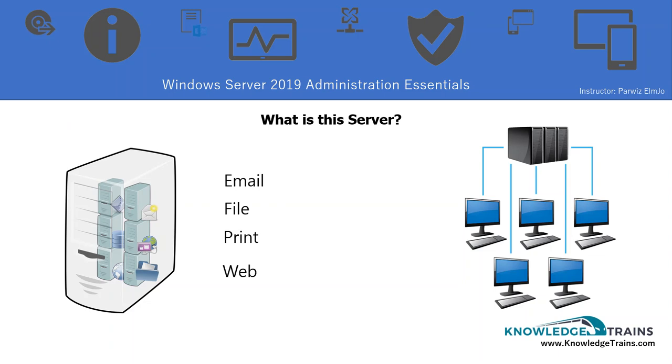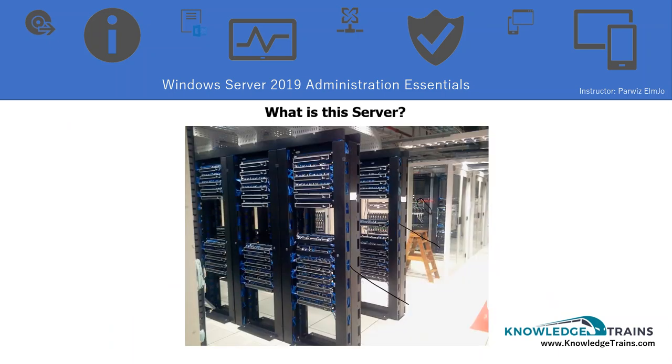Windows Server 2008, 2012, 2016, and today 2019 are specifically designed for servers. And if you install client operating system like Windows 10 in a server, it is completely waste of money and it will not fulfill your needs.